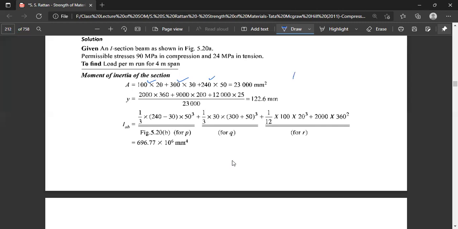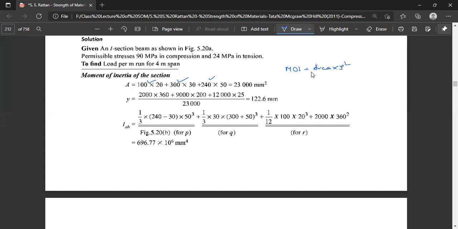We know the moment of inertia is equal to area multiplied by the square of the distance, y square.